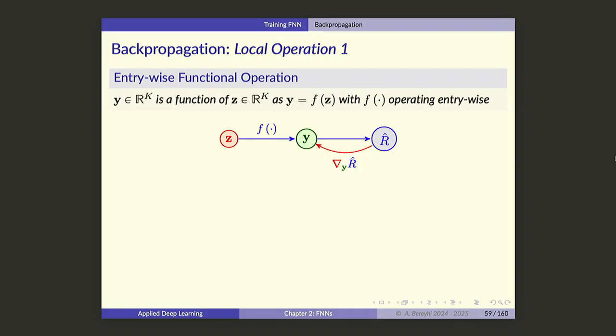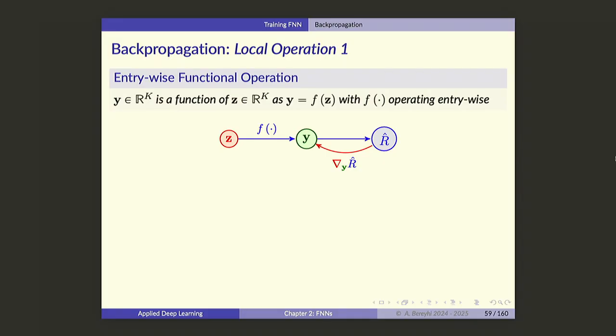I am going to show you the details, but before that, let's do it once together. If you want to take the derivative of y with respect to z, can you tell me how to do it? Right now, think of y and z as scalars. I want to compute the derivative of y with respect to z. I know that y is f of z.